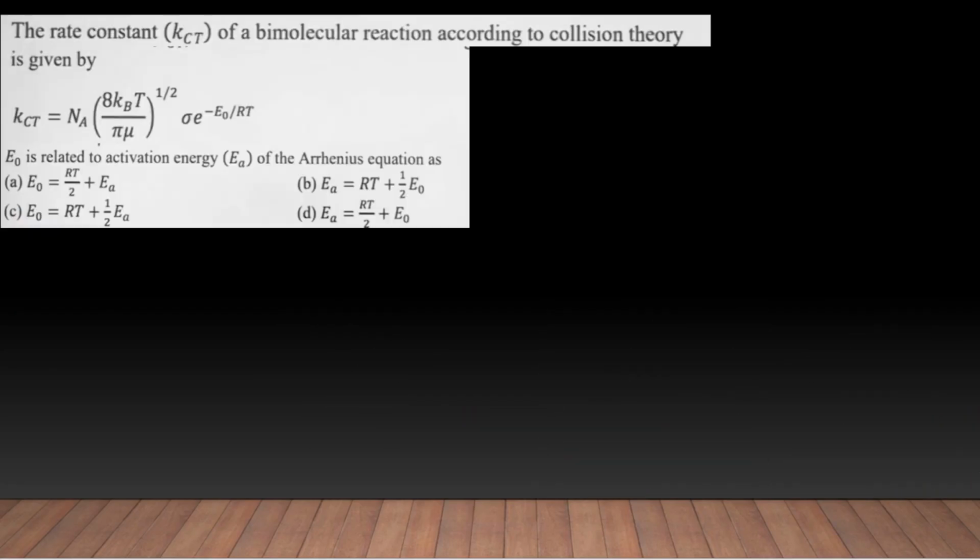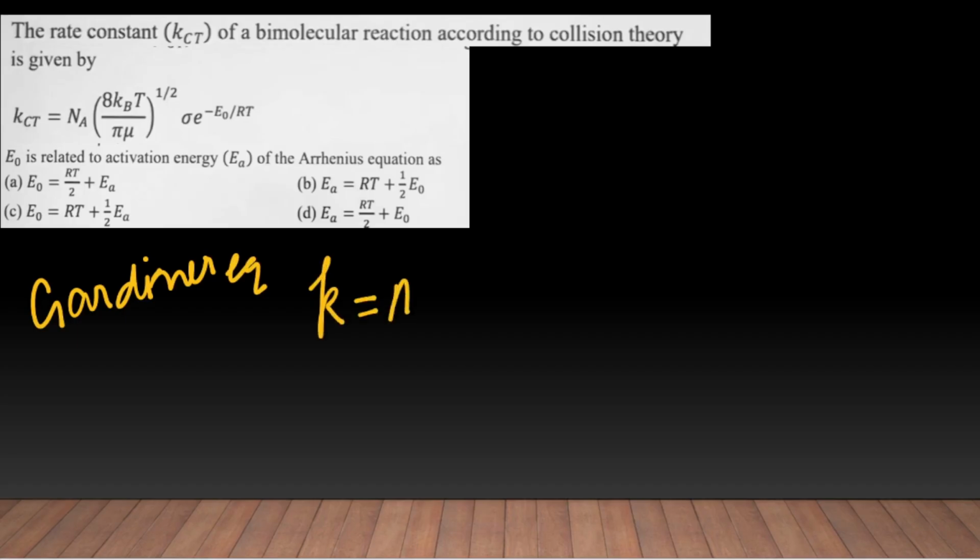next one is this question. The rate constant for a bimolecular reaction according to the collision theory is given by, E naught is related to the activation energy of the Arrhenius equation as, so this is from your Gardiner equation, with which the rate constant K is equal to A into T to the power of M, e raised to the power of minus E naught upon RT.